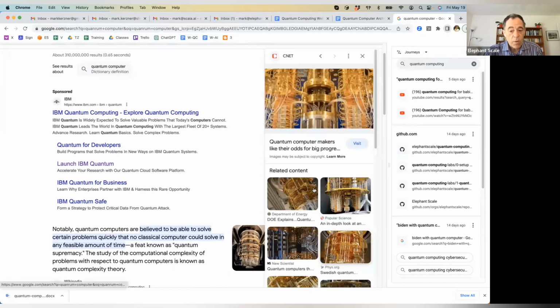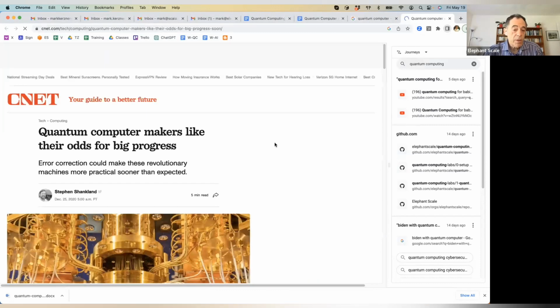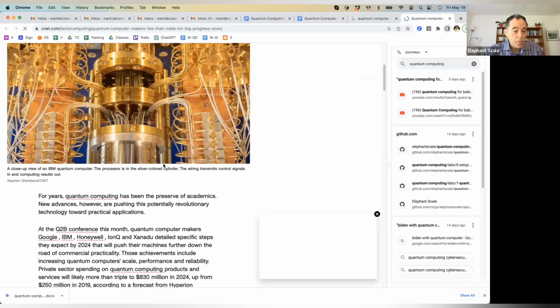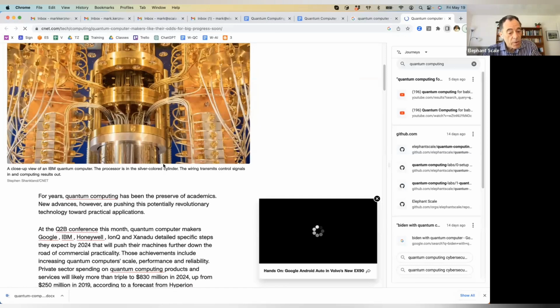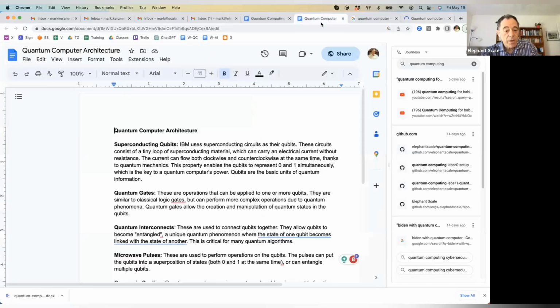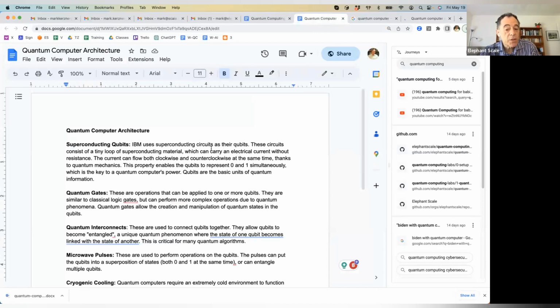So let's look at any one of them. That's a quantum computer, looks like gold. But these are just the connections. What we don't see are the real quantum computers, which are hidden inside the boxes. Each one of them is represented by a what? That's our question, right? So here it says superconducting circuits. So it is superconducting material, and the current can flow both clockwise and counterclockwise because of quantum mechanics.